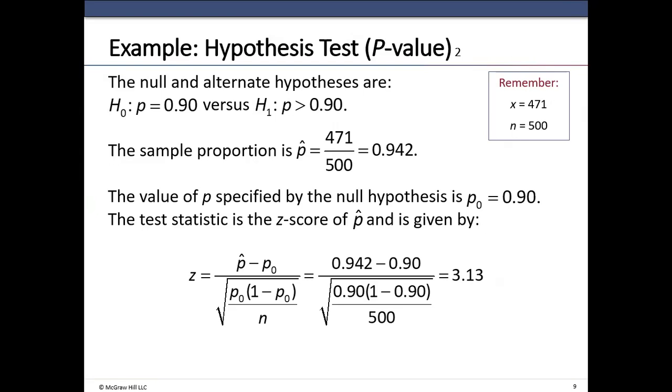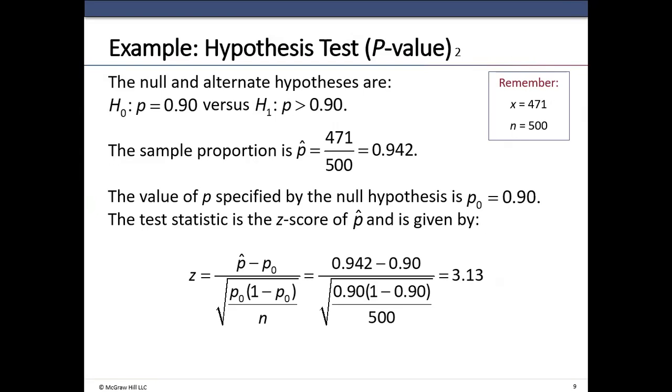Then left parenthesis, 1 minus 0.9. Remember, we are putting 0.9 because that's the value in the null hypothesis. After 1 minus 0.9, we put the right parenthesis. Then there is a horizontal line, that means divided by 500. n, the sample size, is 500, and hit enter. So the test statistic is 3.13.